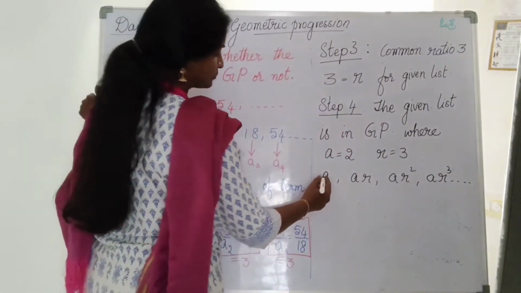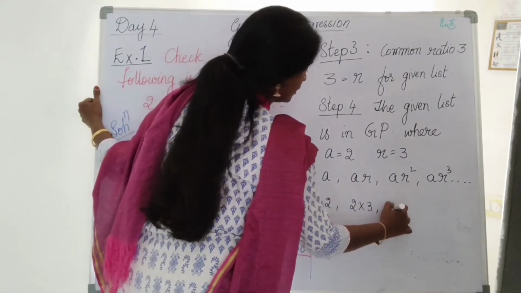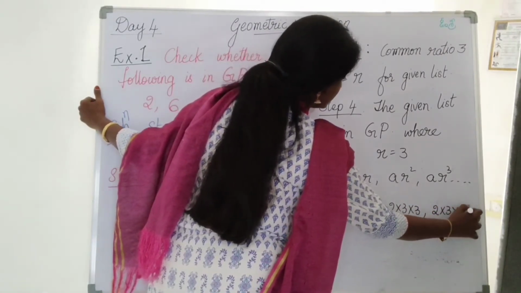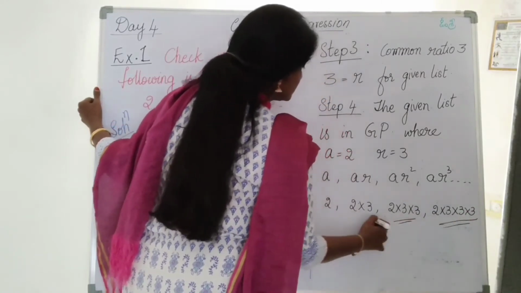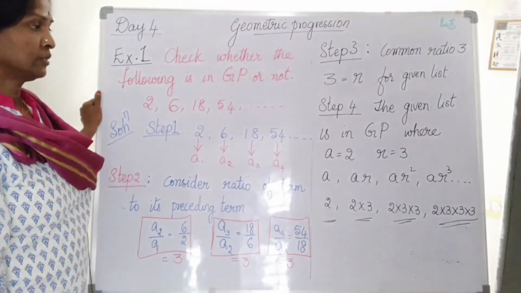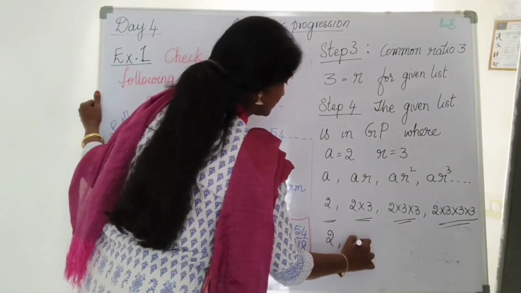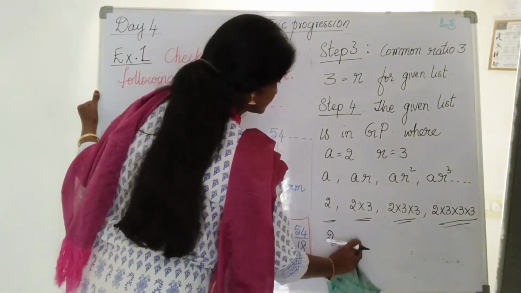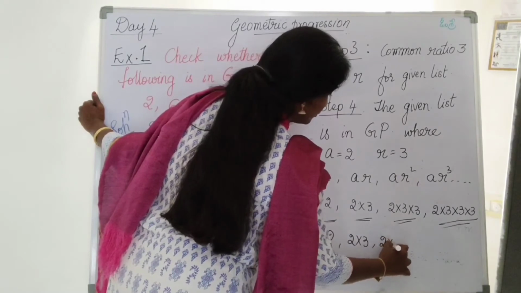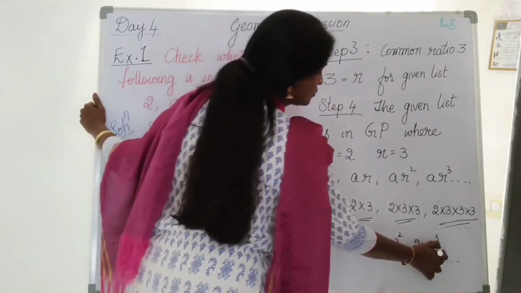How do you write this one? 2 into 3, 2 into 3 into 3, 2 into 3 into 3 into 3. So this is how the form of a geometric progression will be. So this one you can write as 2 into 3, 2 into 3 square, 2 into 3 cube and so on.